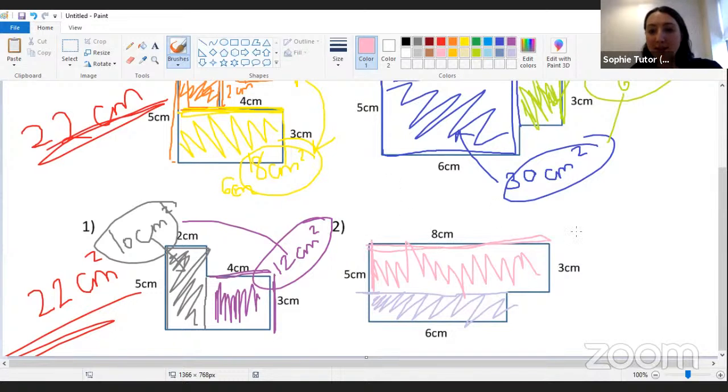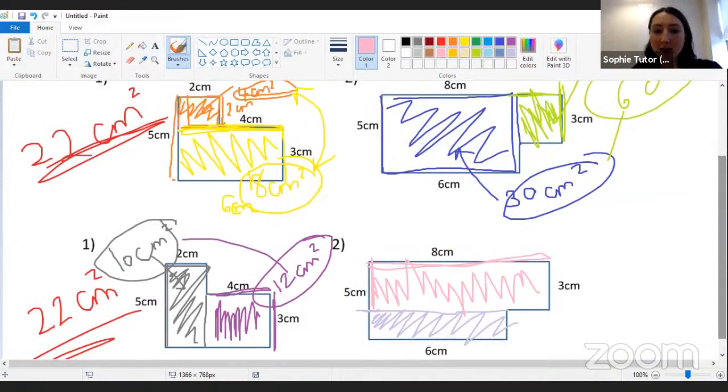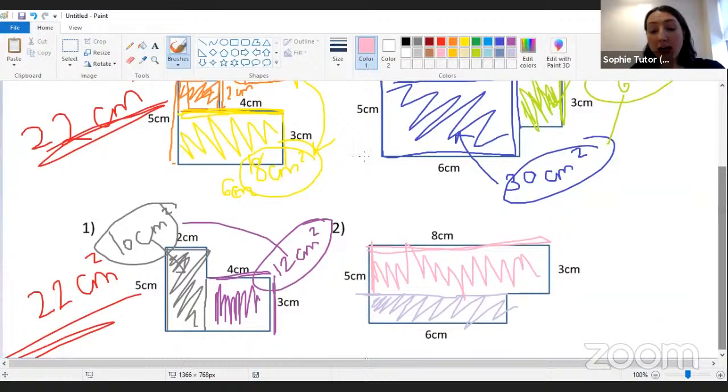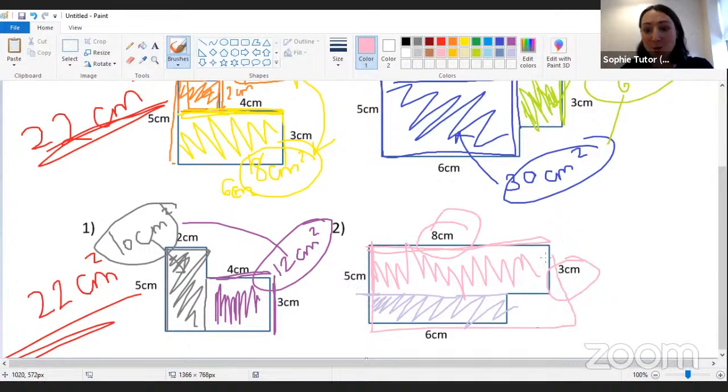And we'd pop that down, and then we would add our 8 by 3. So we do 8 centimeters by 3 centimeters. 8 by 5 would give us the whole bit, which we don't want. So we do 8 by 3.